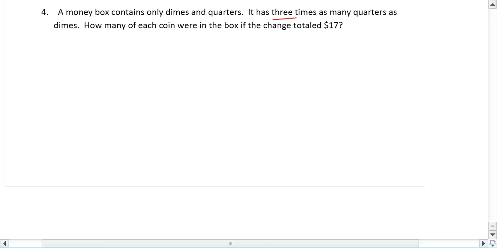We know that it has 3 times as many quarters. So the dimes here are what we don't know. So we're going to let x equal the number of dimes. And we are told again that there's 3 times as many quarters. Well, 3 times x is written 3x, so that's going to be our number of quarters.